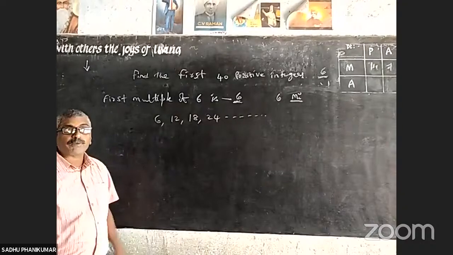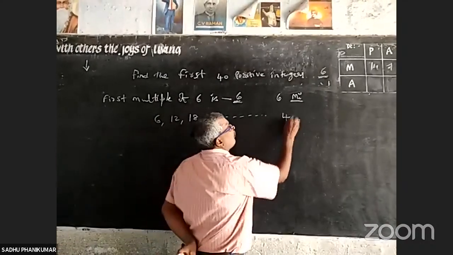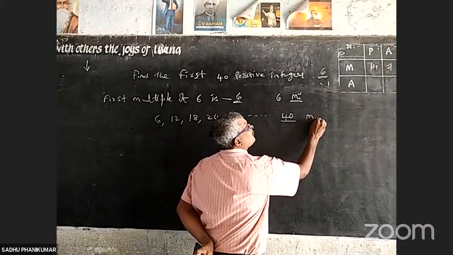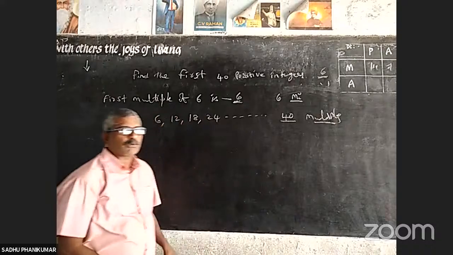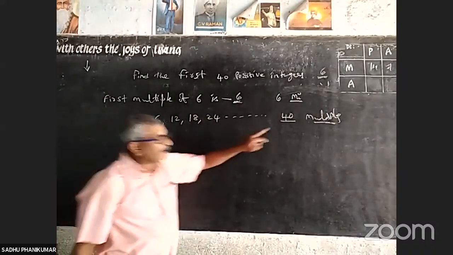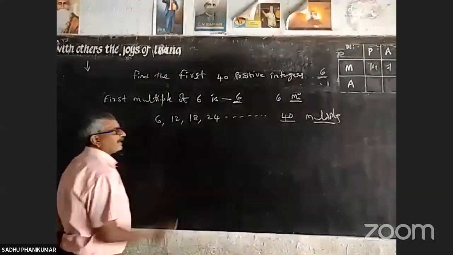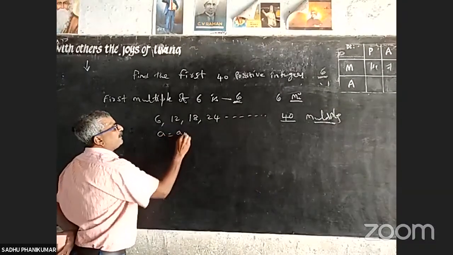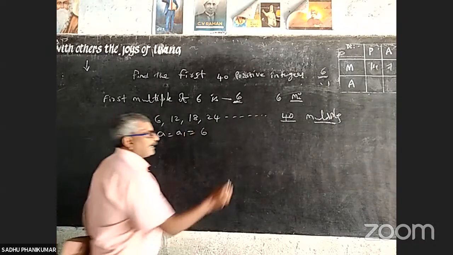Now what we have to find? We have to find the sum of 40 multiples. So if you observe, a is equal to a1 is equal to 6, given.